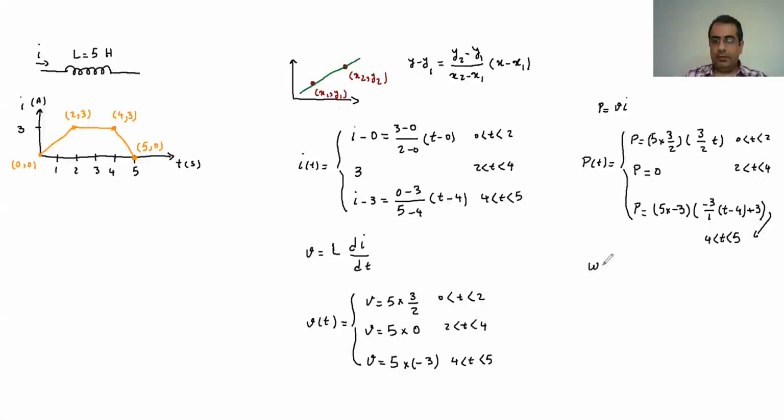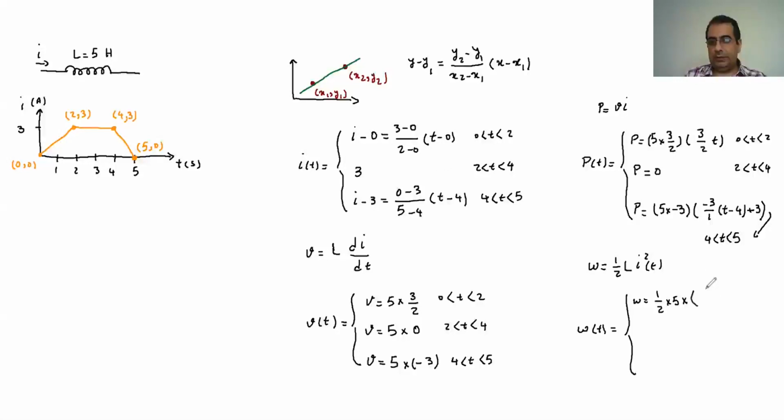energy is half of the inductance times I squared. So again, if I want to find the energy stored in this inductance, W is going to be half of 5 times the I squared.